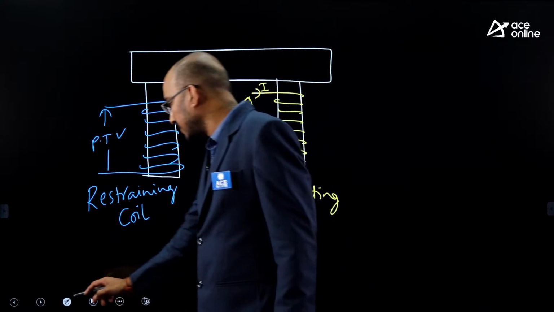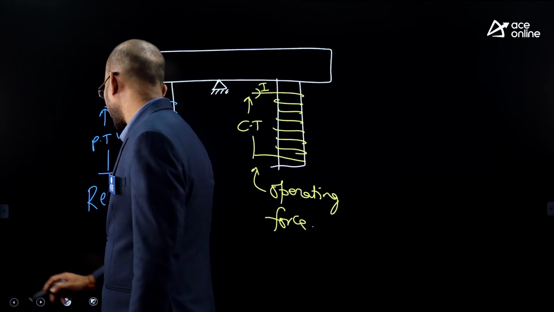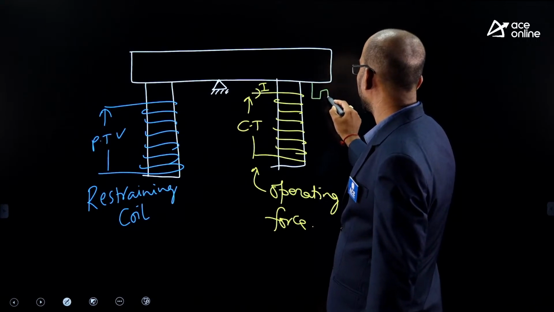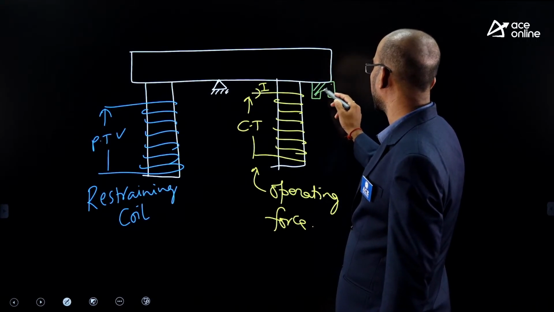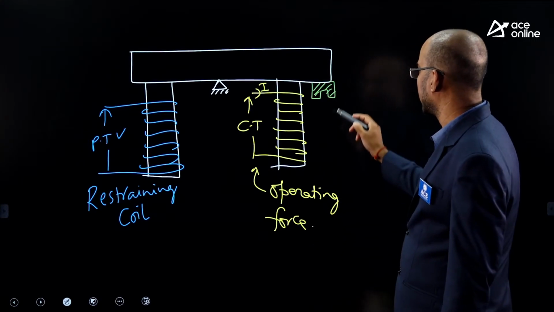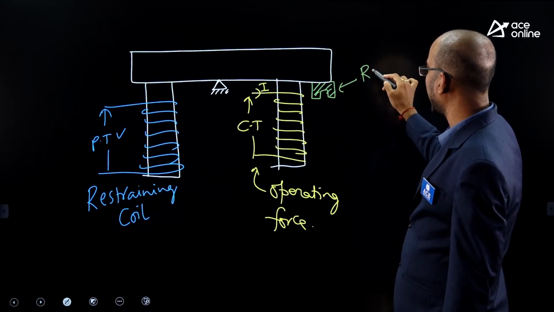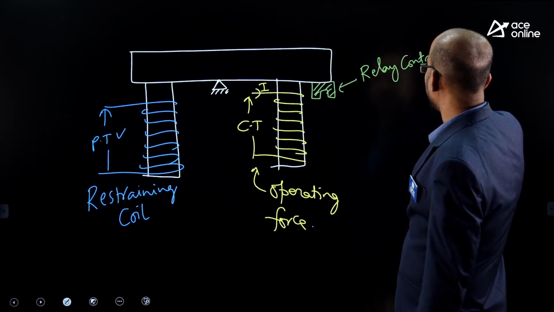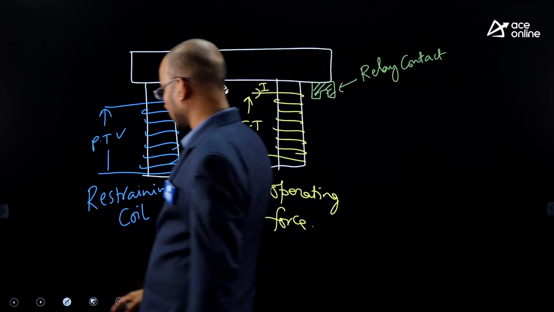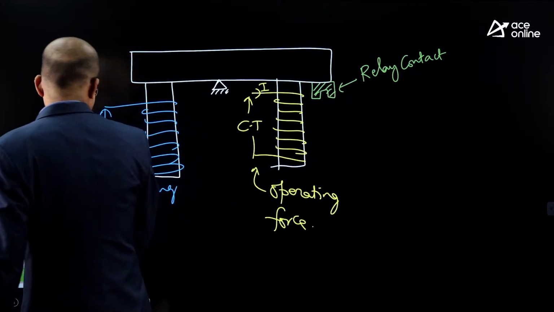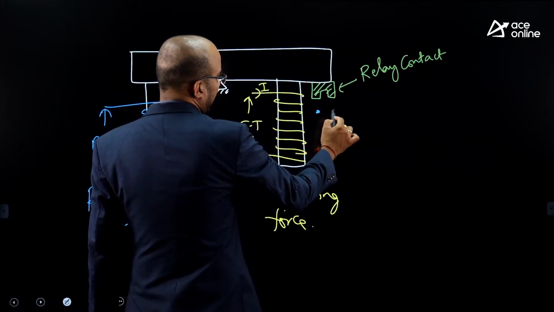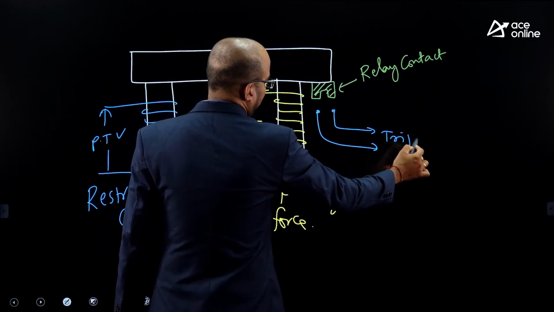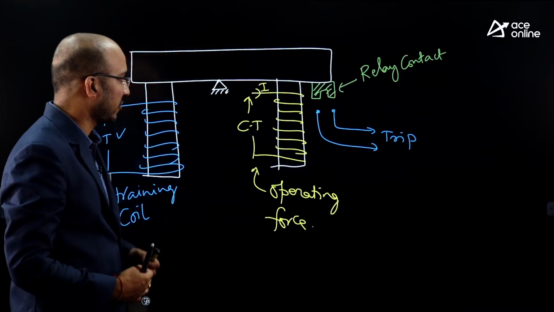Apart from this, here we have a trip circuit. This relay contact has to close the trip circuit. So one end we are attaching the relay contact. This relay contact should close the trip circuit whenever there is a short circuit fault.